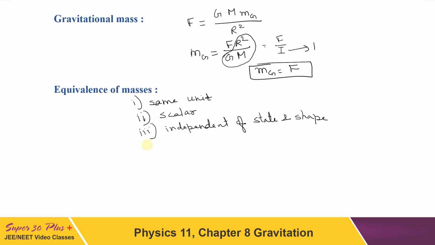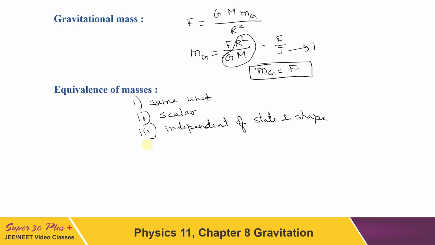So we cannot say that gravitational mass is independent of the surrounding. It does depend on it. One more dissimilarity is that the inertial mass of a body is measured by finding its acceleration produced by an applied force, and gravity plays no part in the measurement.